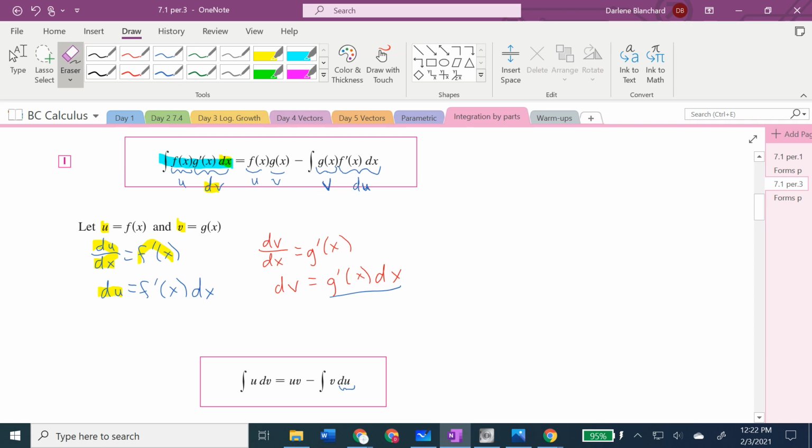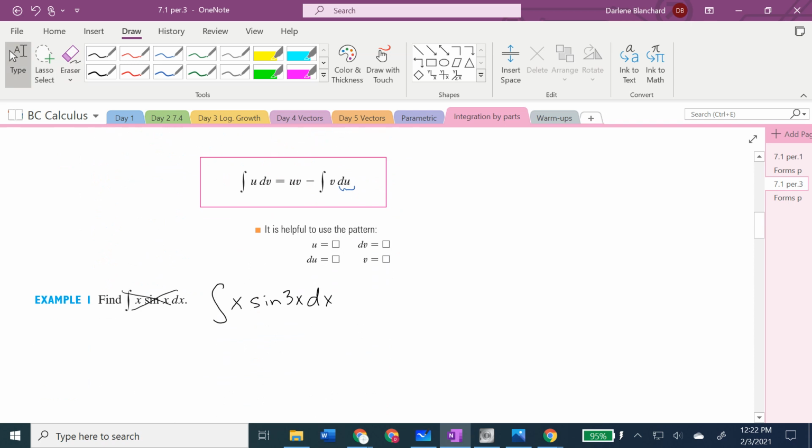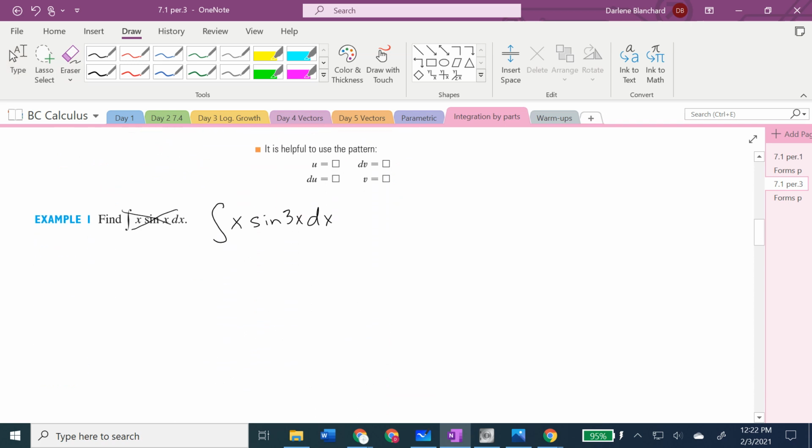But now I'm going to go through an example with you and walk you through using this formula. And this is the typical pattern that people use. You'll see what I mean as I start writing this out. By the way, I changed the textbook's example 1 because I want you to see a slightly harder problem and know how to work with it.